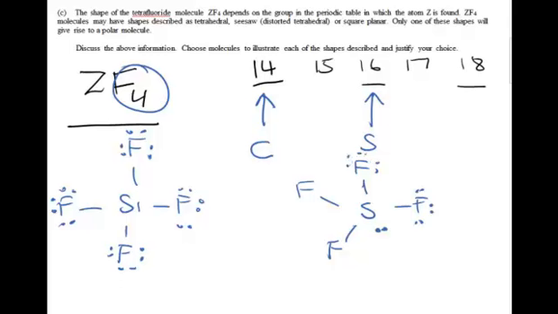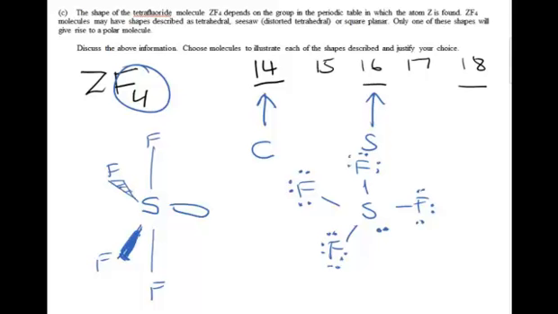Now this is the seesaw structure, and let's just check that's okay. So that's 4 bonding pairs and 1 non-bonding.